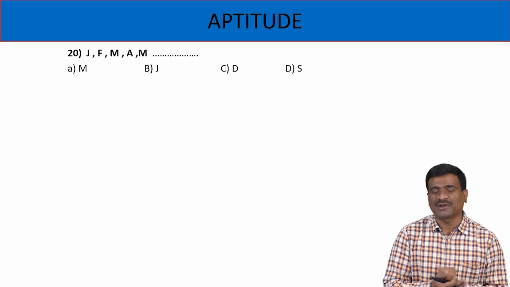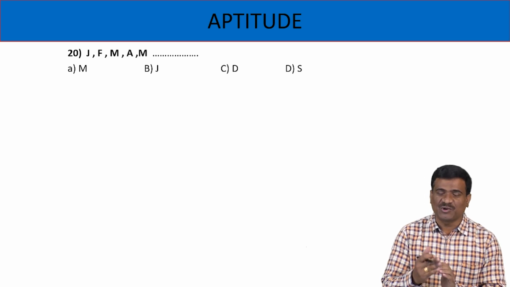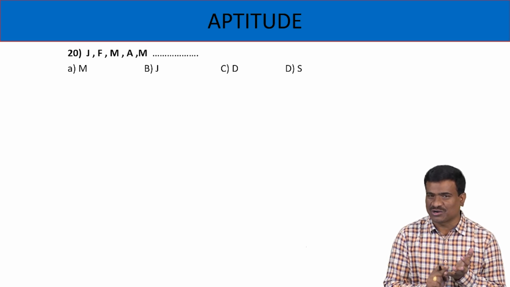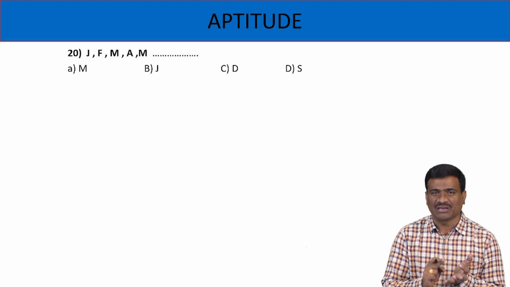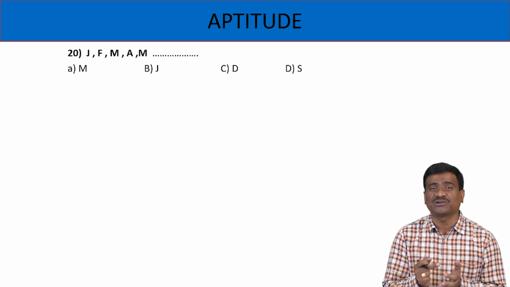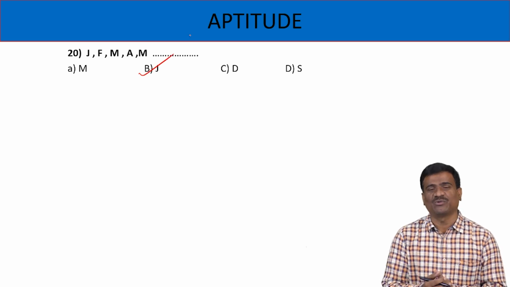By using number concept, the series is not possible here. Here only a logical method is possible, that is J means January, F February, M March, A April, M May. Next is June. Month code J means B, option B only correct.